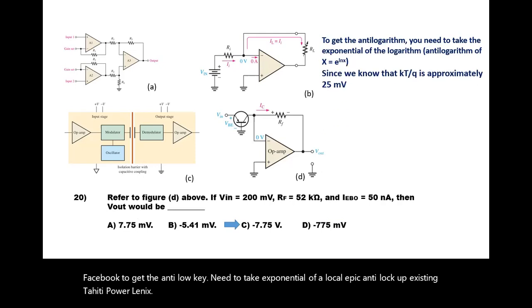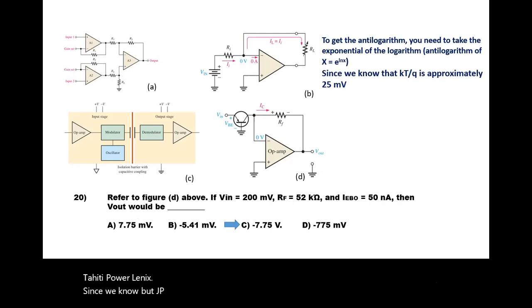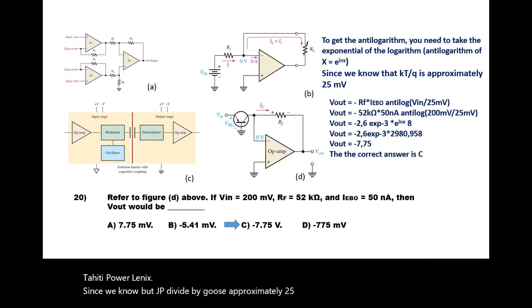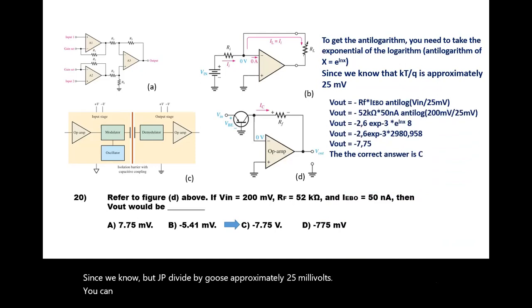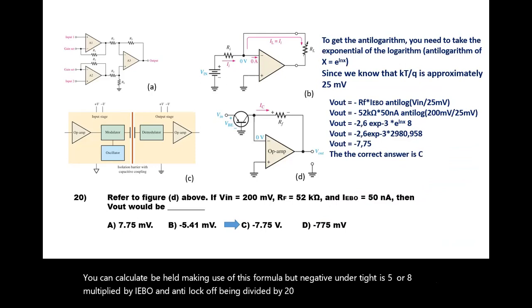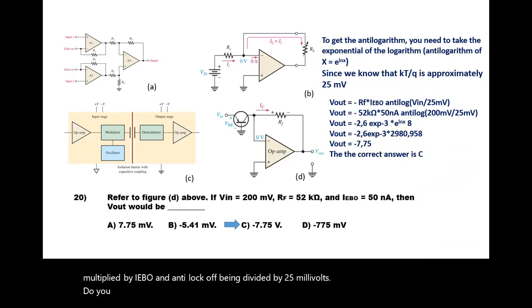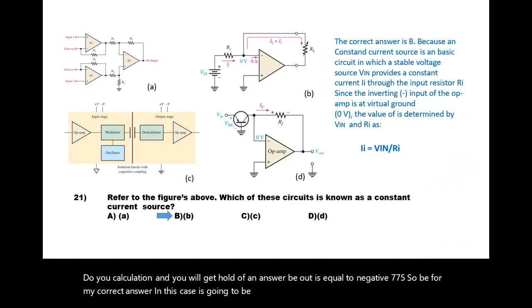Since we know that kT divided by q is approximately 25 millivolts, you can calculate V out making use of this formula: negative (180 degrees phase shift), RF multiplied by IEBO, and anti-log of V in divided by 25 millivolts. Do your calculations and you will get an answer. V out is equal to negative 7.75. So therefore my correct answer in this case is going to be C.